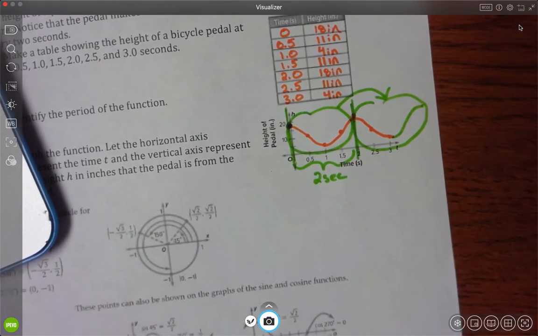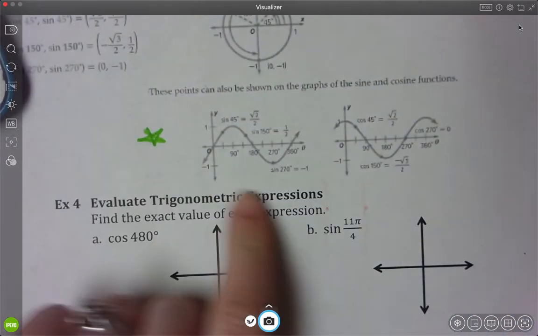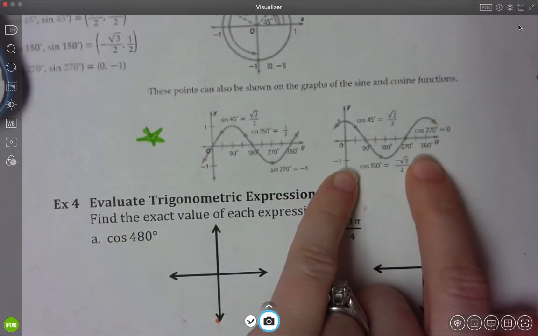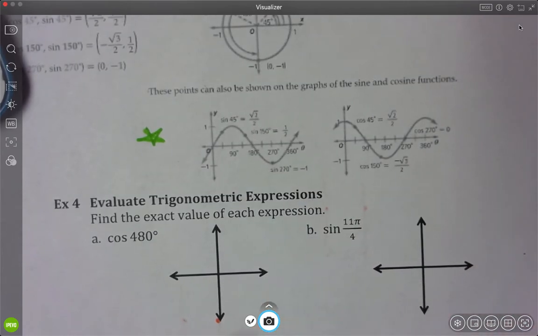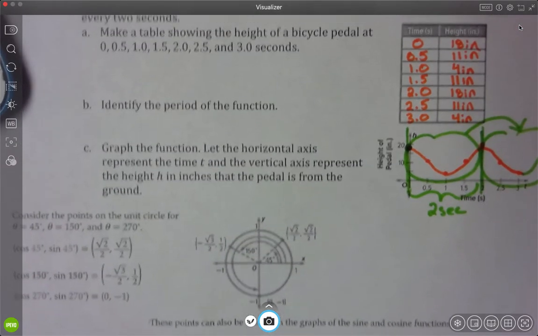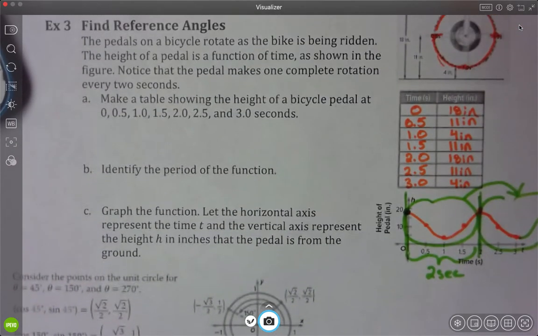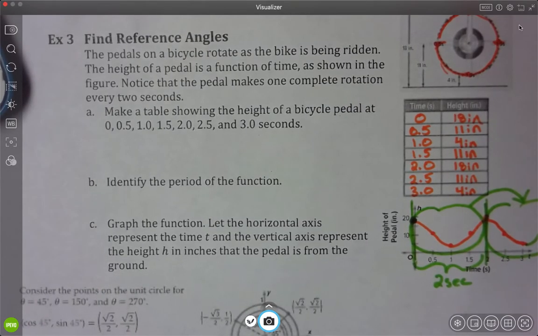They go down here into this part, and they start to talk about sine and cosine, those graphs again that I showed you on that other sheet. We're not going to do example 4. But this is just getting your feet wet with periodic functions for when we get into trigonometry class 2 years from now. For some of you, we start to study those a little more in depth.